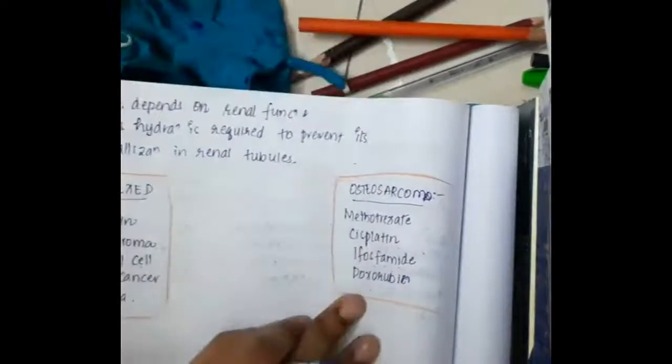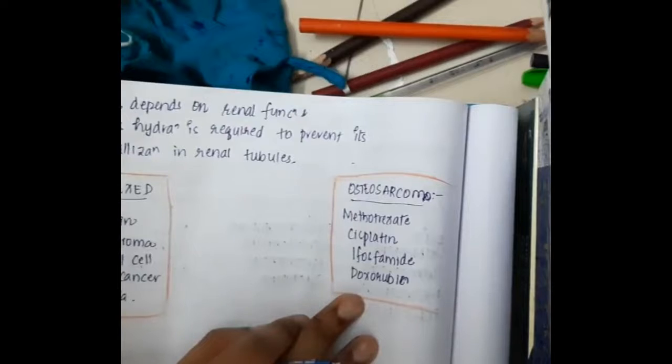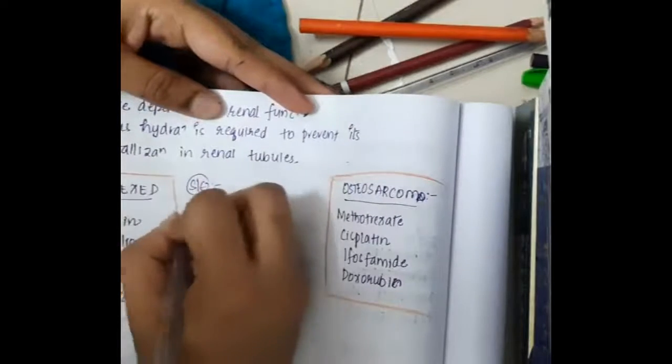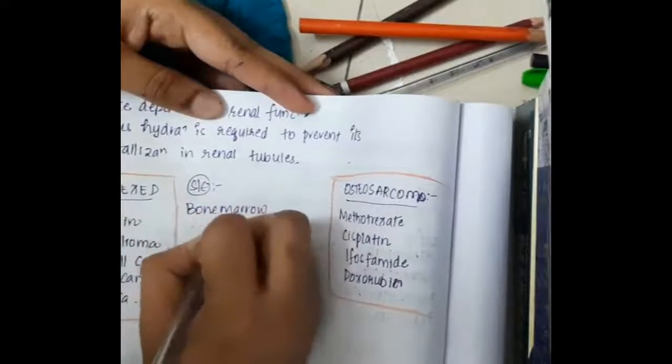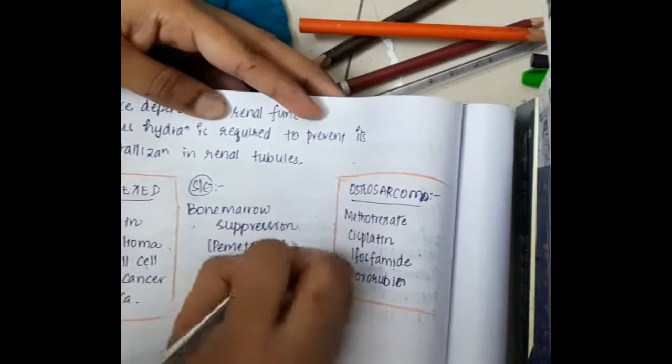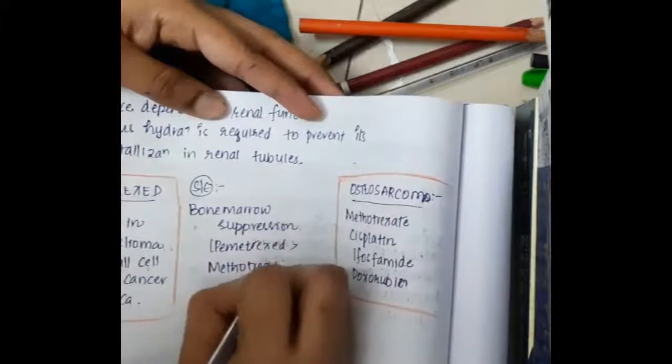Now the side effects of folic acid analogues. They cause bone marrow suppression, where Pemetrexed is more than Methotrexate.